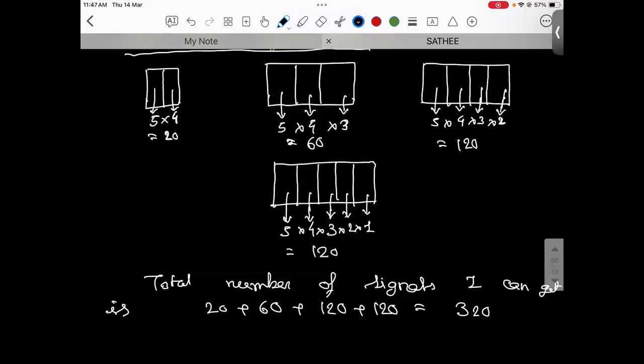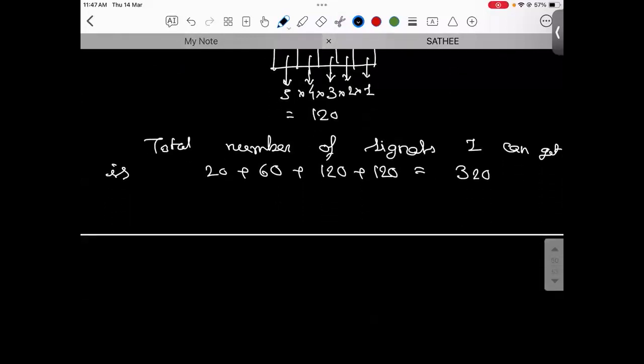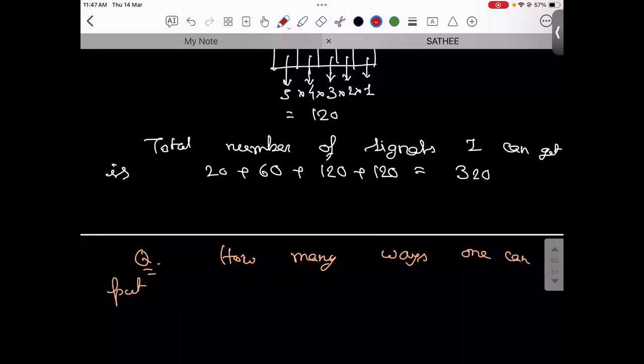So here the question comes: by how many ways can one put n elements in r positions, where r is less than n, greater or equal to 0?